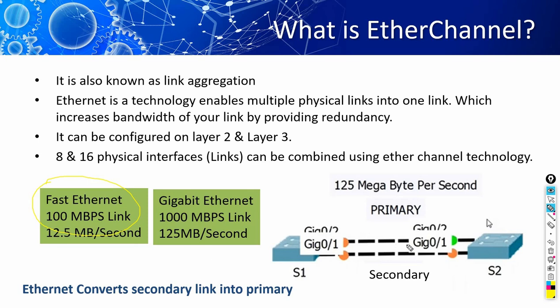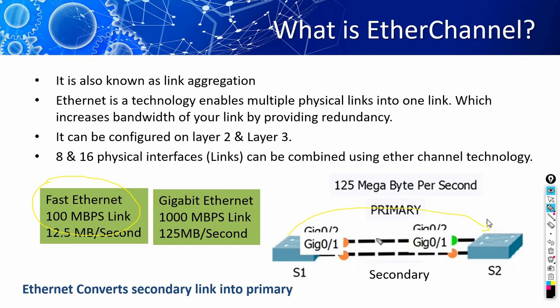So what is that technology? Let's suppose you have two switches, switch 1 and switch 2. Now let's suppose you run a very sensitive type of environment where you don't want to face any downtime and you want to keep it up all the time. Let's suppose you are running different services, like a website, a gaming service or anything, and you don't want any downtime on your link, so you create another link.